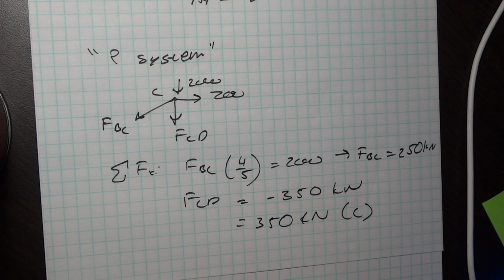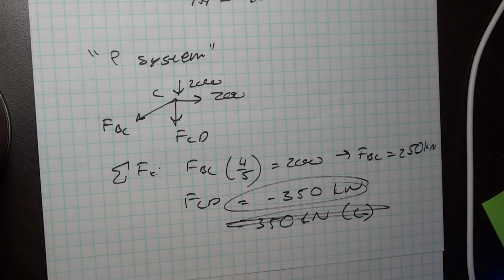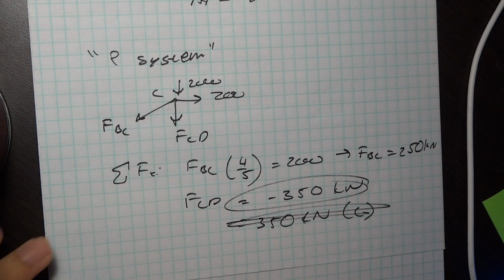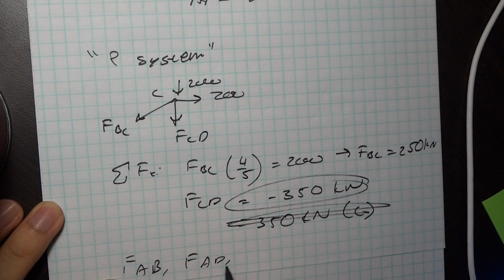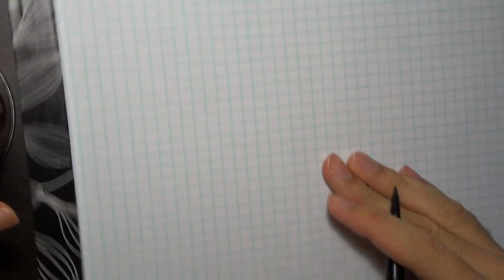I would stick with this for now. Okay, so I just found these two forces. You want to find the other 3 forces. So you want to find FAB, FAD, and FBD. I think he introduced this table in class, but let me zoom out a little.